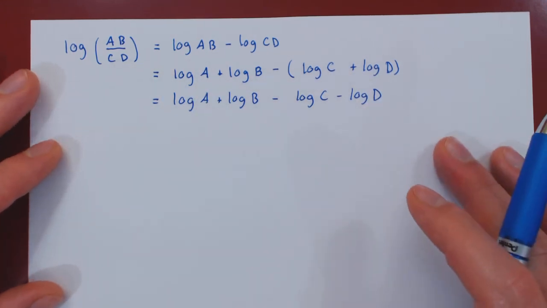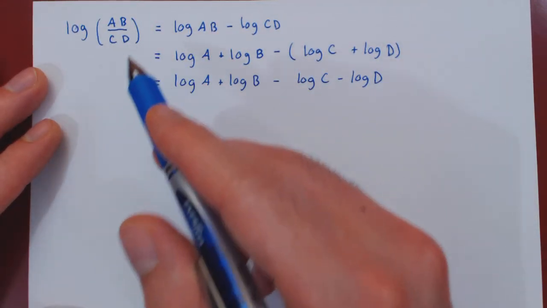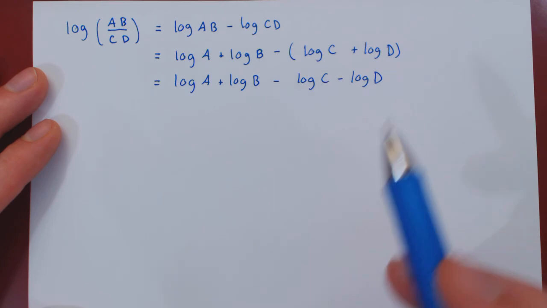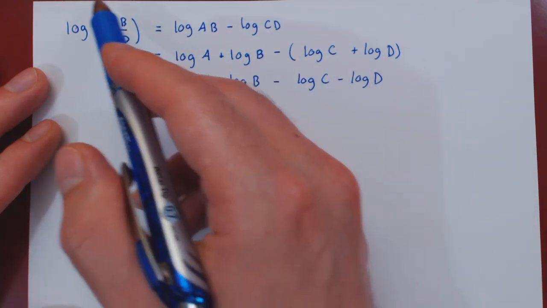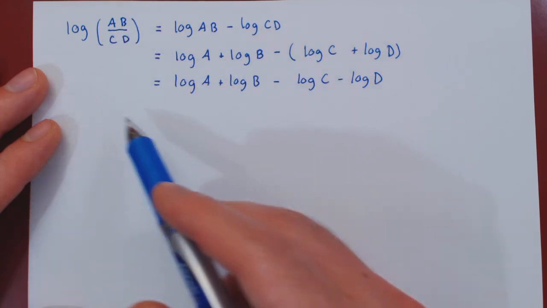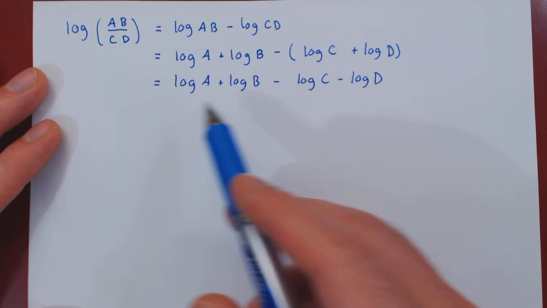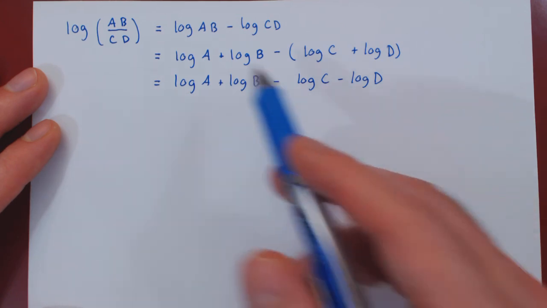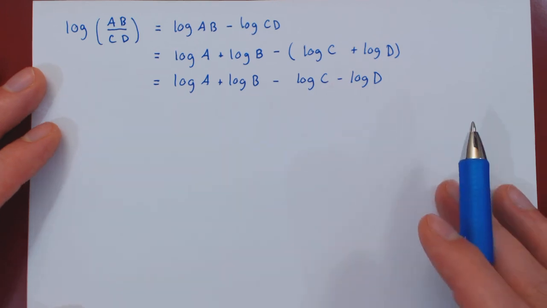So let's now look at an actual example, and we will take advantage of what we've just discovered, and we will skip these steps and jump straight from the single log to the full decomposition into sums and differences of logs, one for each of the original terms in the expression.